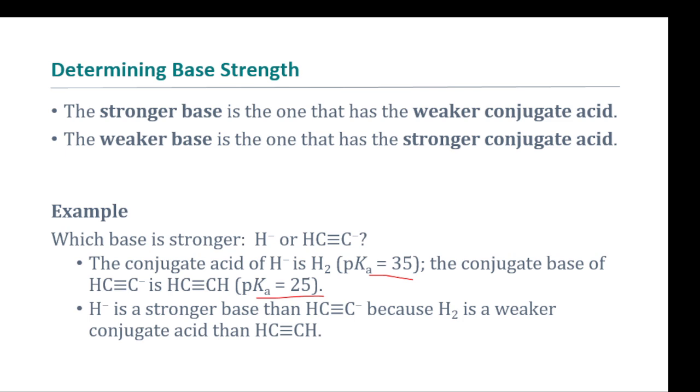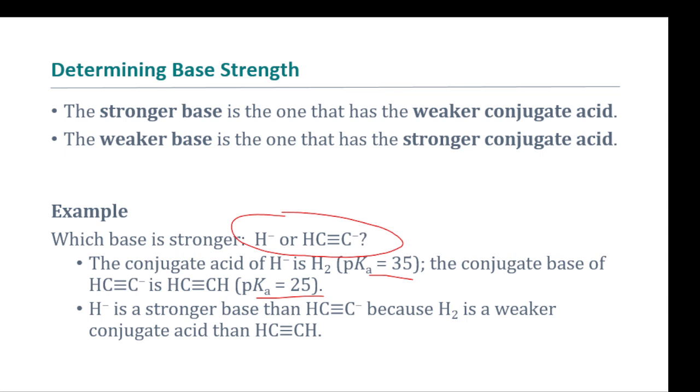So, again, if we want to figure out which one of these is going to be a stronger base, then we really want to look at its conjugate acid, right? Because the conjugate acids are something that you can actually have populations of. Okay? These are both extremely reactive. You can't buy a bottle of either of those. Okay? You'd have to generate those in situ in your solution.